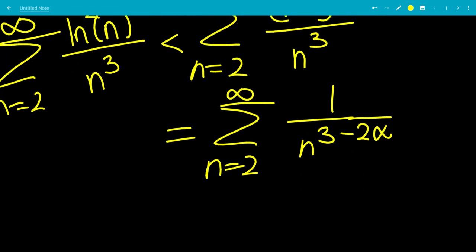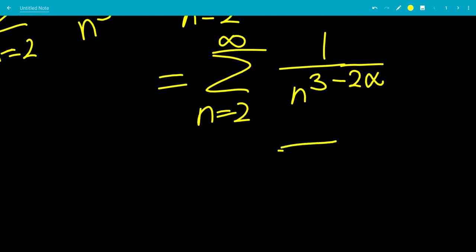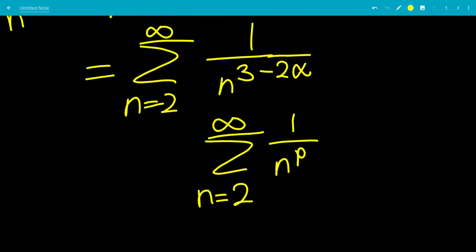We know that the sum from n equals 2 to infinity of 1 over n to the p converges when p is bigger than 1. That's the p-series test. So p equals 2 works, any number bigger than 1 works.